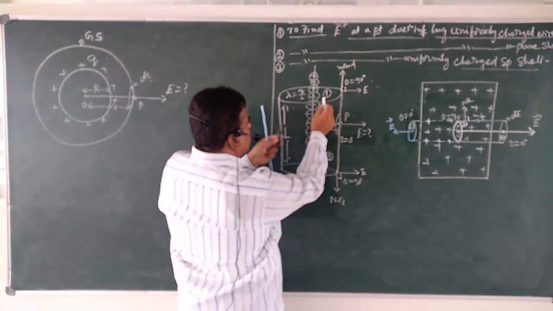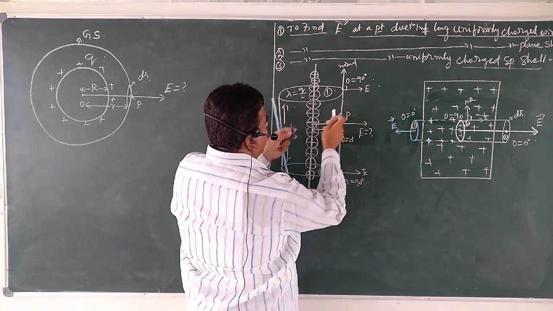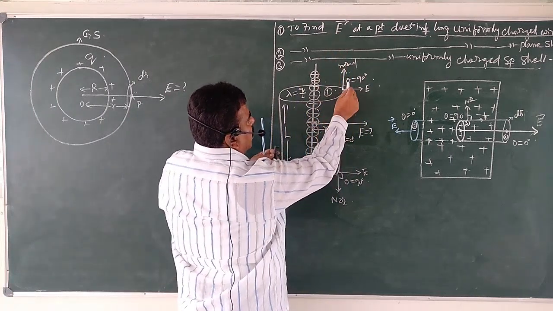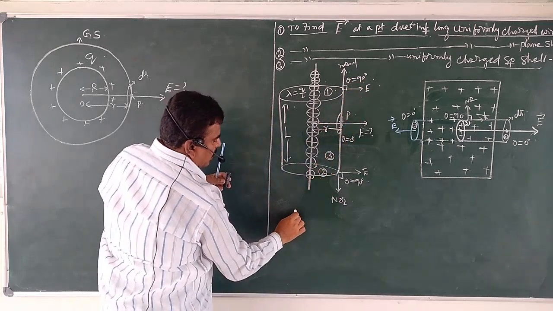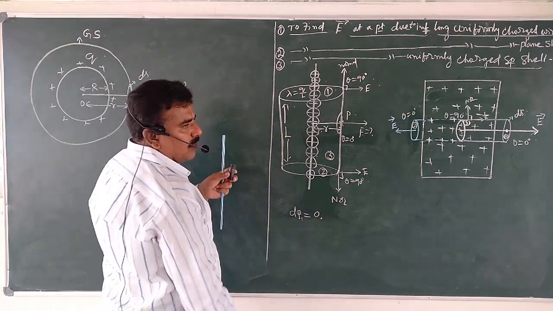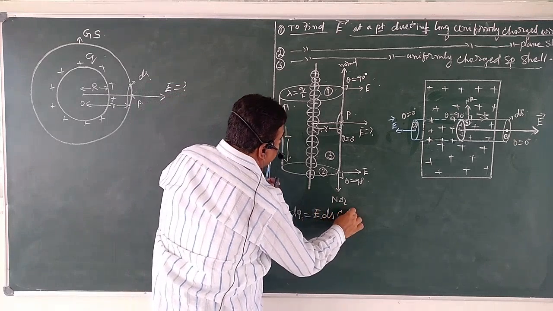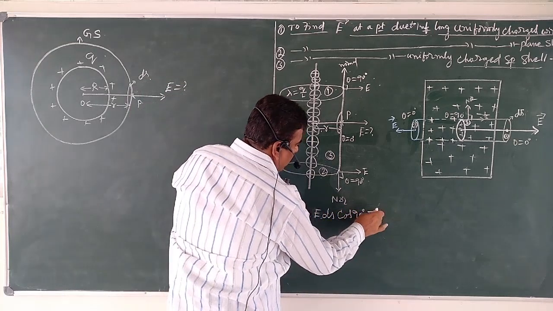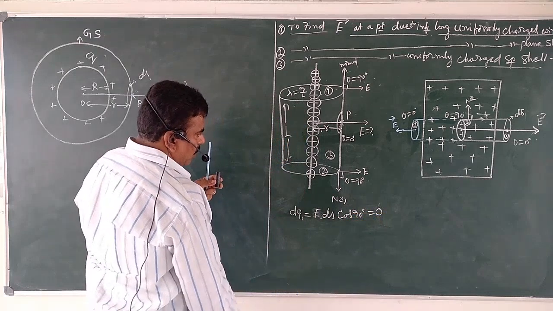Now at the upper surface, the electric intensity is along the horizontal direction. The normal to the surface is along the vertical direction. Therefore, theta is 90 degrees, and cos 90 degrees is 0. The flux through the upper surface is E ds cos 90 degrees, which is 0.